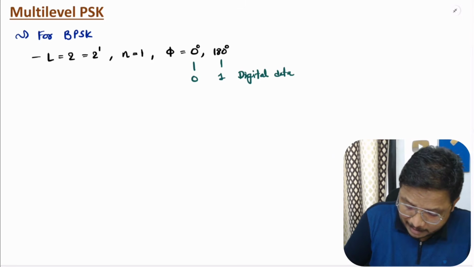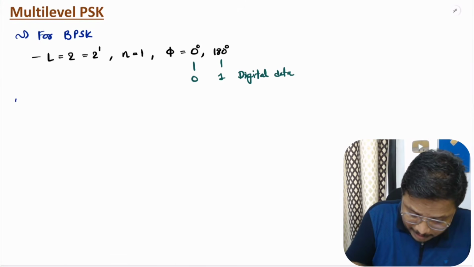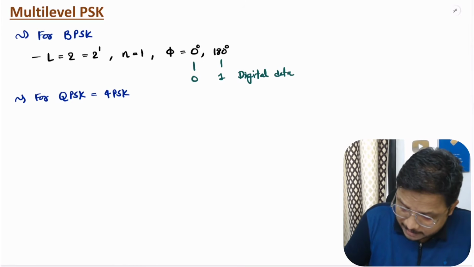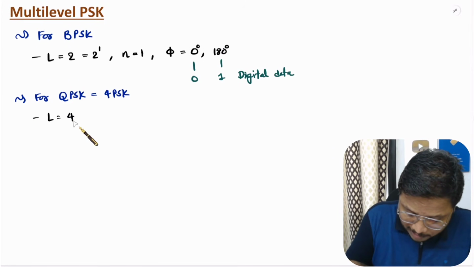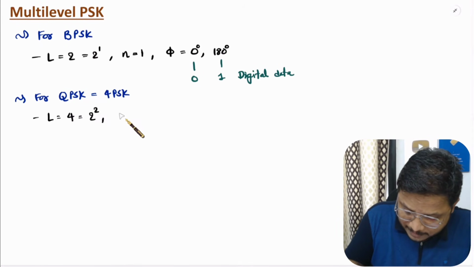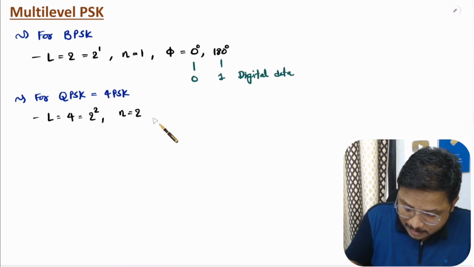Now, let me take a second example. Here I'll consider QPSK. One should know QPSK is also referred to as 4PSK. What it means? It means we have in total 4 levels, that is 2 to the power 2, which means with each symbol we have 2 bits, right? In total 4 levels are there.